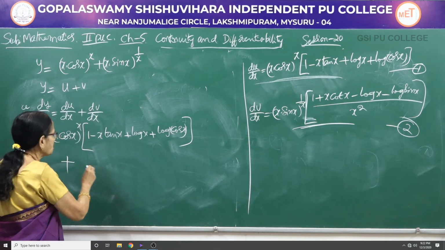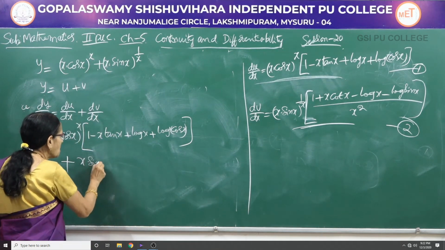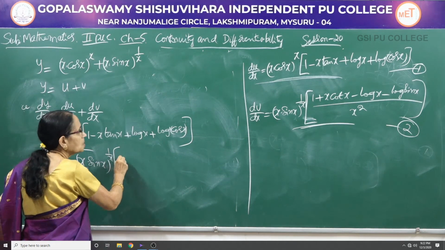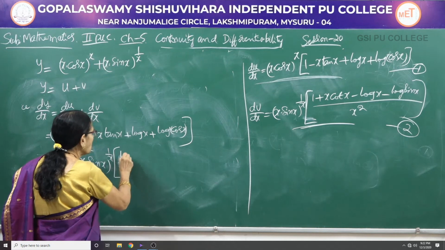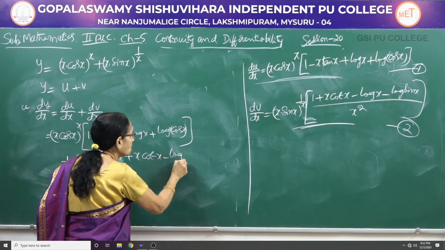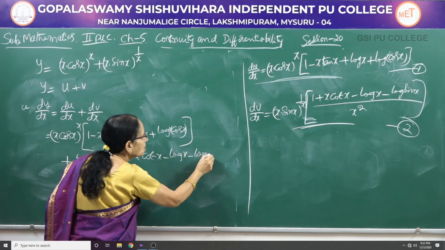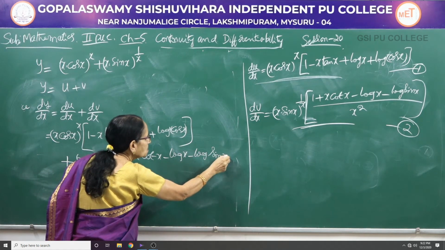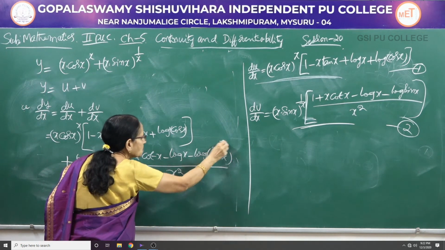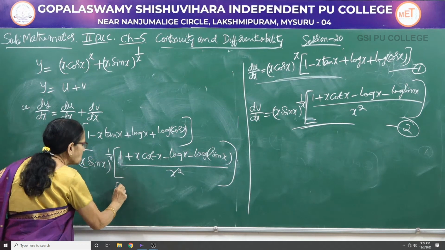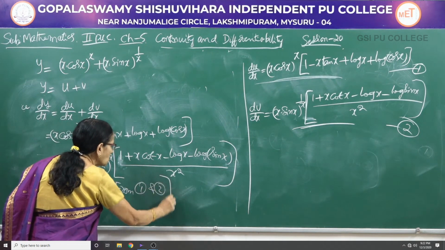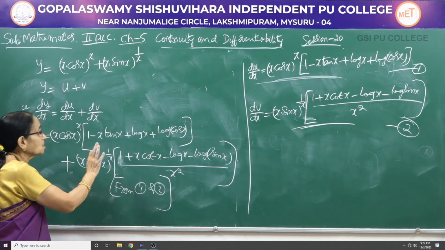Plus, write the second part, x into sin x to the power 1 by x into 1 plus x cot x minus log x minus log of sin x whole thing divided by x square. Now, how did you get that one? Always you write it as from 1 and 2. Okay. So, this is the answer.